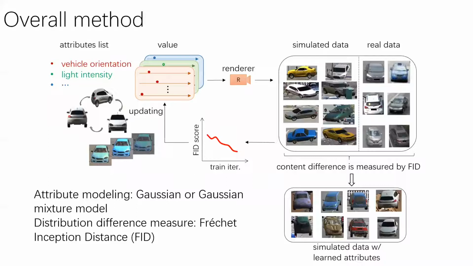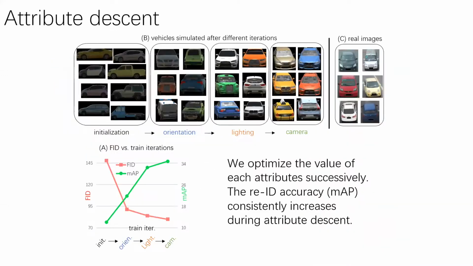By updating the value of attributes using the proposed attribute descent algorithm, we can minimize FID along the training iterations. The simulated data with learned attributes in the bottom right corner will be used for re-ID model training. Specifically, we manipulate each attribute in VehicleX in a brute force manner, aiming to minimize the discrepancy between VehicleX and real data in terms of the FID score.